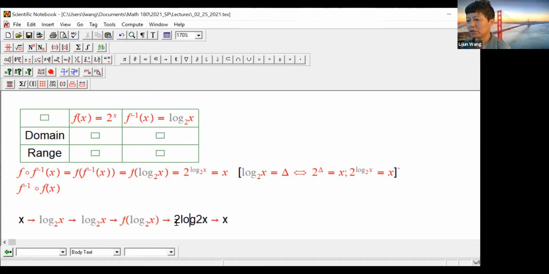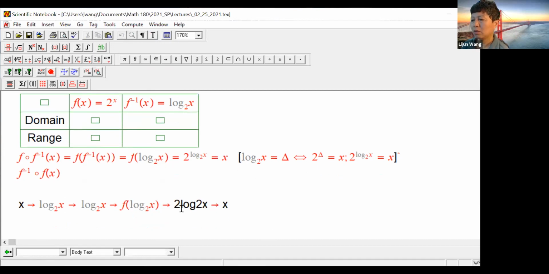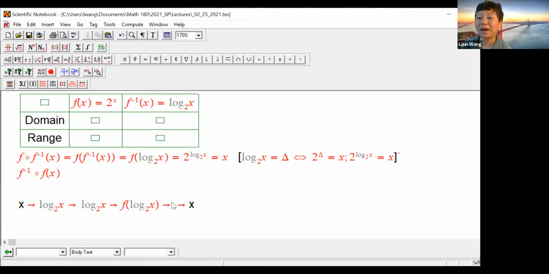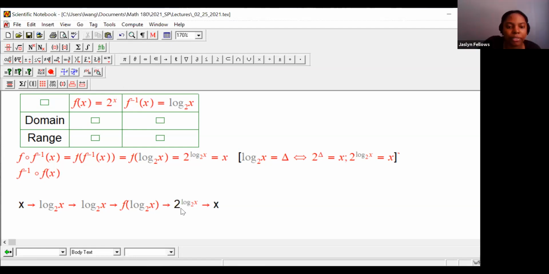So this is 2 times log base 2 x? It's like the one right above it, 2 to the power of log 2x. Yes, to the power of log 2x.